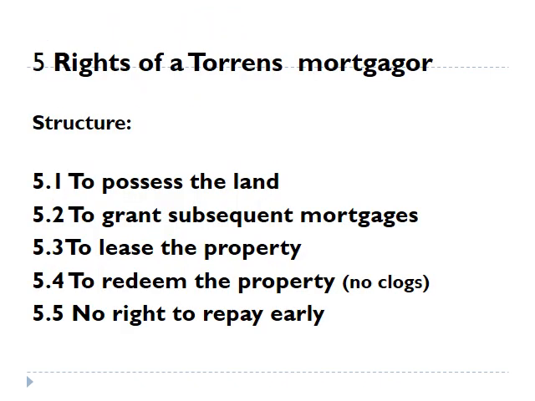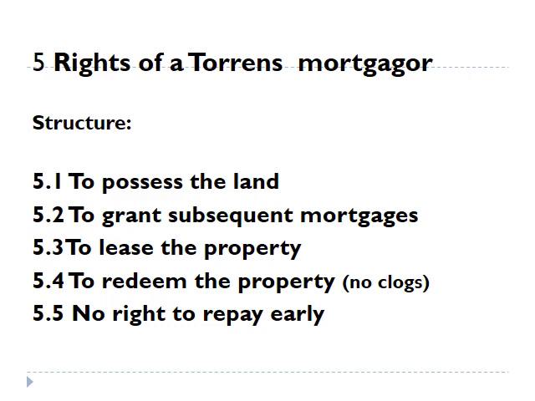We are now going to look at the rights of a Torrens mortgagor. We're only concentrating on the more important rights about which there are practical problems, although you will see other rights set out in the mortgage itself.